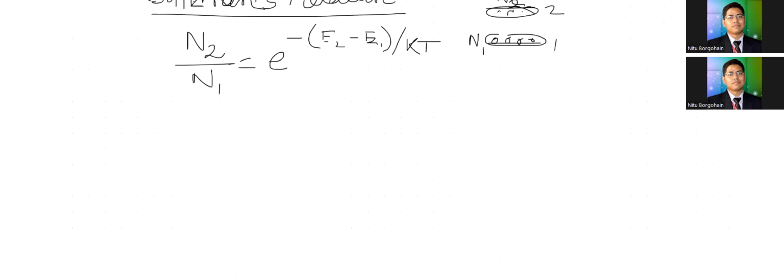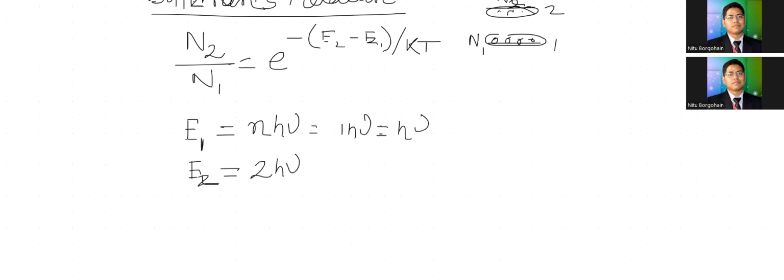E1 is the energy of state 1, that is given as nh nu, where n is 1, so this is 1 h nu, or it is nothing but h nu. Similarly, E2 is nh nu, which means 2 h nu. So what will be E2 minus E1?